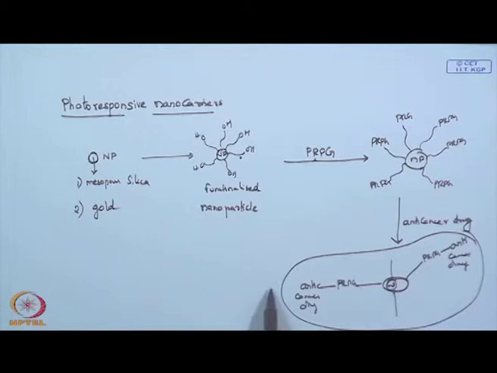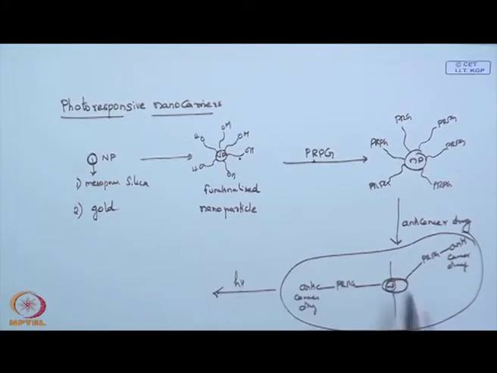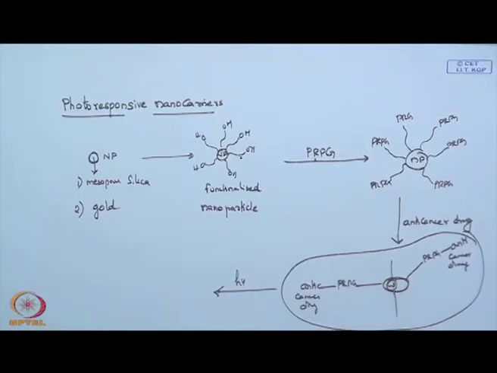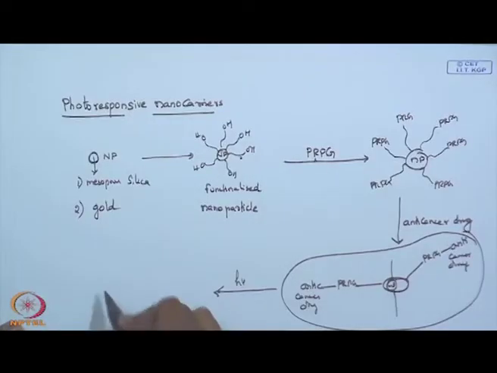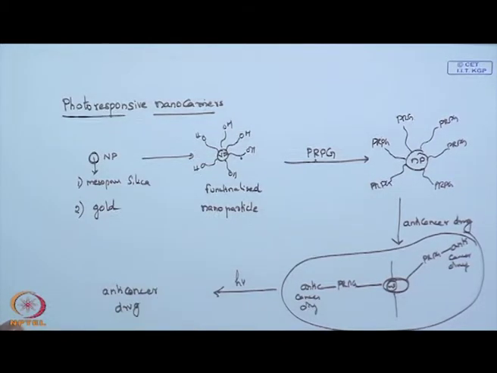If you shine light on this, the whole system gets into the cell nicely. Now you shine light on it and you can see your anti-cancer drug is released in a controlled fashion. So that's a new area slowly coming up.